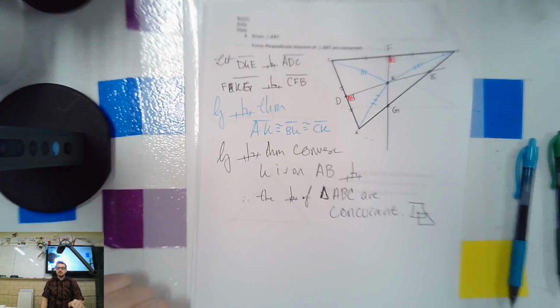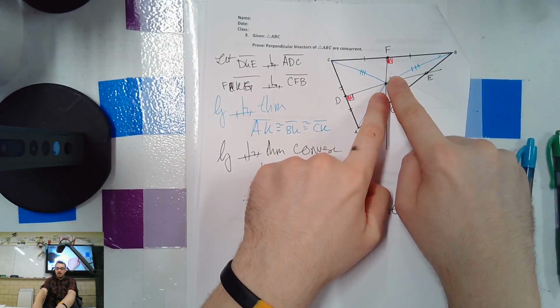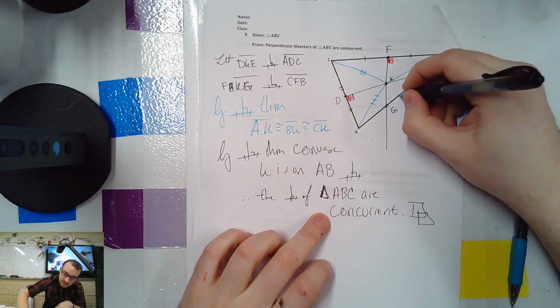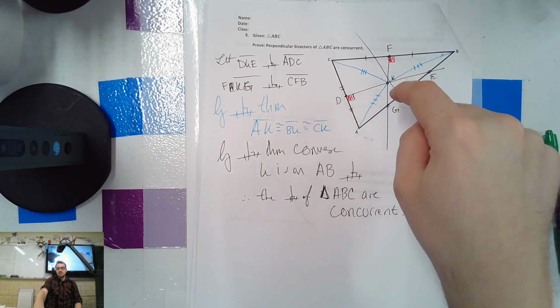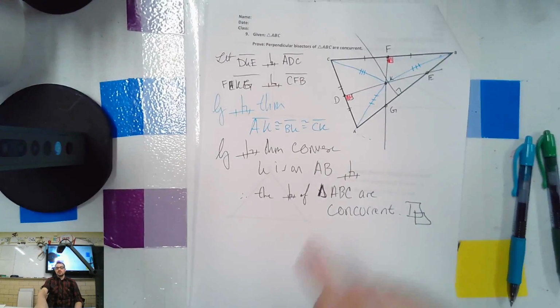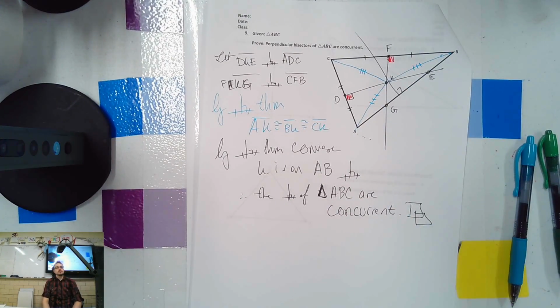The converse is, if it's equidistant, then it's on the perpendicular bisector. So it must be on this guy's perpendicular bisector. And if it's on this guy, and that guy, then they must intersect there, which means they're concurrent.